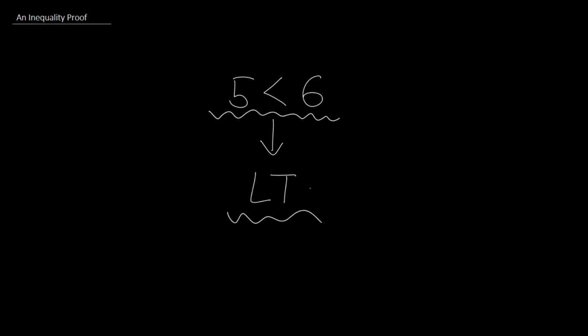If we have a statement such as 5 is less than 6, then you can give it a symbol. Let's say LT for less than. So there we have it. There's our mathematical statement, and we gave it a symbol.